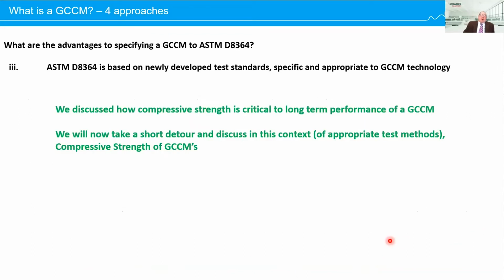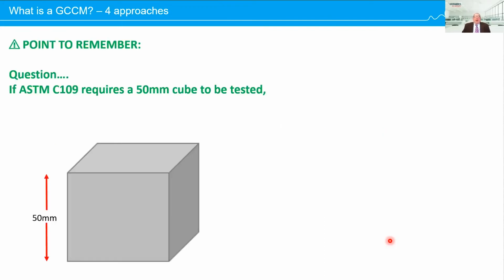As I said on the slide earlier, we discussed how compressive strength is critical to long-term performance of a GCCM. Now I'll take a little detour and discuss the context of appropriate test methods for compressive strength of GCCMs. Okay, and I'll make it very simple. I want to ask the audience out there a simple question.